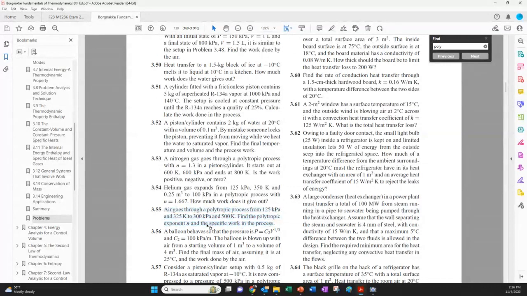And then a balloon behaves so that the pressure is like this, where C is this constant. The balloon is blown up with air from a starting volume of 1 cubic meter to a volume of this. Find the final mass, assuming it is at this.